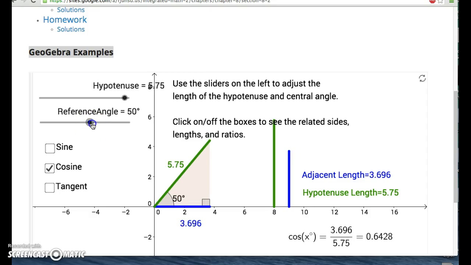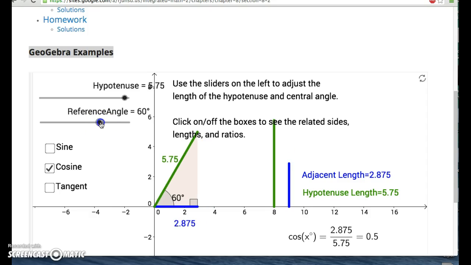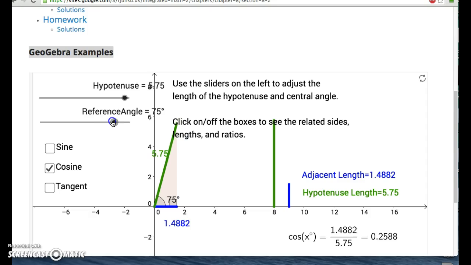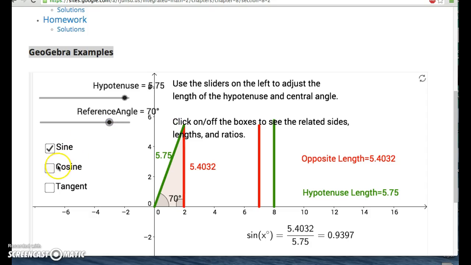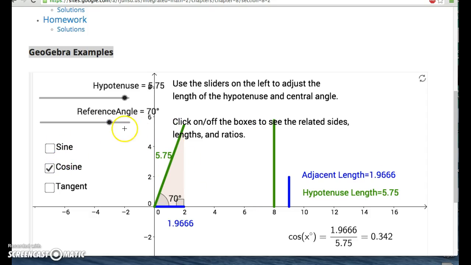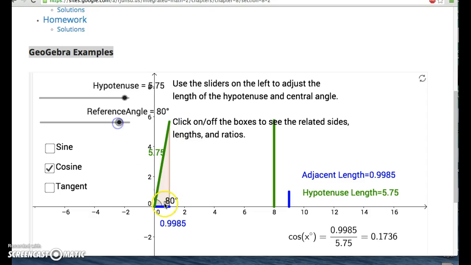And as you increase it, this one kind of goes the opposite way of sine. Remember, look at sine. When you increase the angle, the red one is getting taller. Well, in cosine, it goes the opposite way. As the angle increases, the cosine, which is the side next to the angle, is actually getting smaller because it's kind of the reverse.